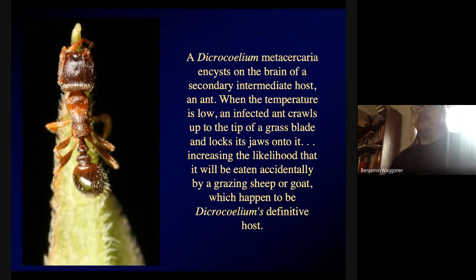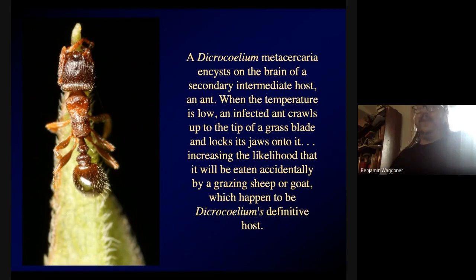They'll form metacercaria, and the metacercaria will form cysts on the brain of an ant. And infected ants start doing something really weird. Instead of crawling around underneath the grass blades, down close to the soil, they'll climb the tip of a grass blade and lock their jaws onto it and just sit there.